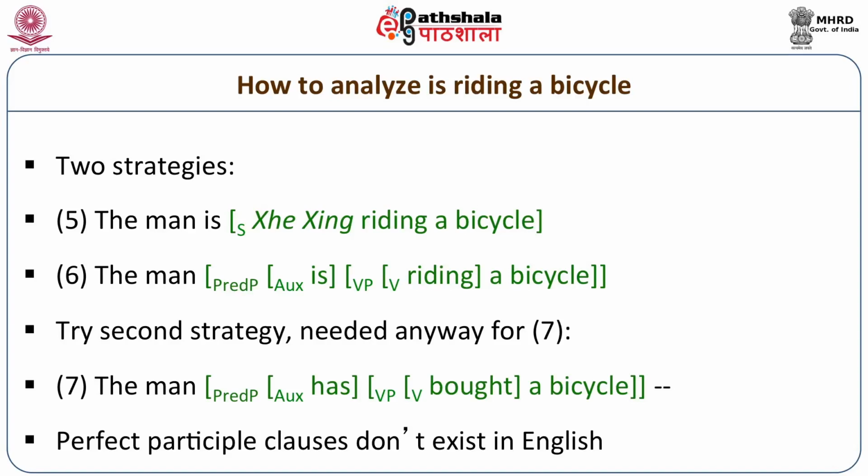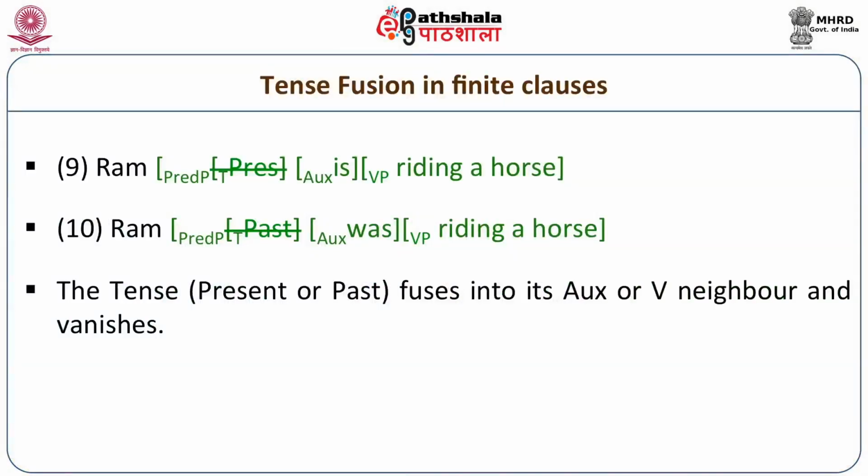If the man has ridden a bicycle does not allow ridden a bicycle to be treated as a participial clause with a separate subject and a separate tense marking for this reason, then we conclude that the analysis we are postulating for the man has ridden a bicycle must also apply to the progressive form the man is riding a bicycle. We therefore conclude that the ing in riding a bicycle gets licensed in a sentence like the man is riding a bicycle not by tense fusion from a separate tense marker ex ing, but by the auxiliary be.